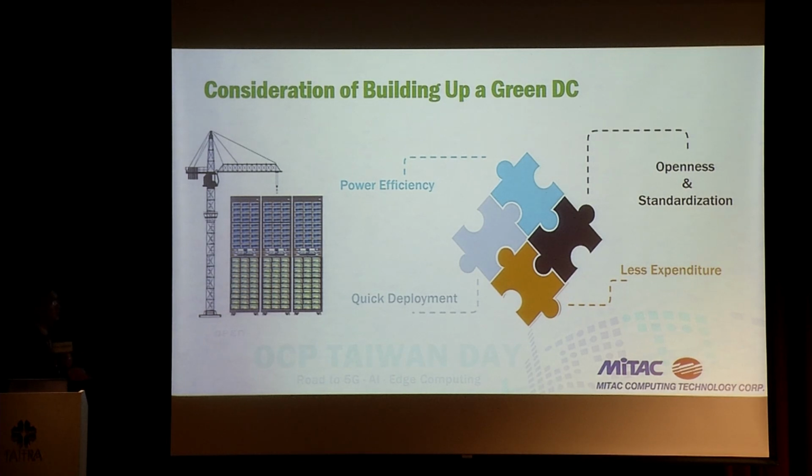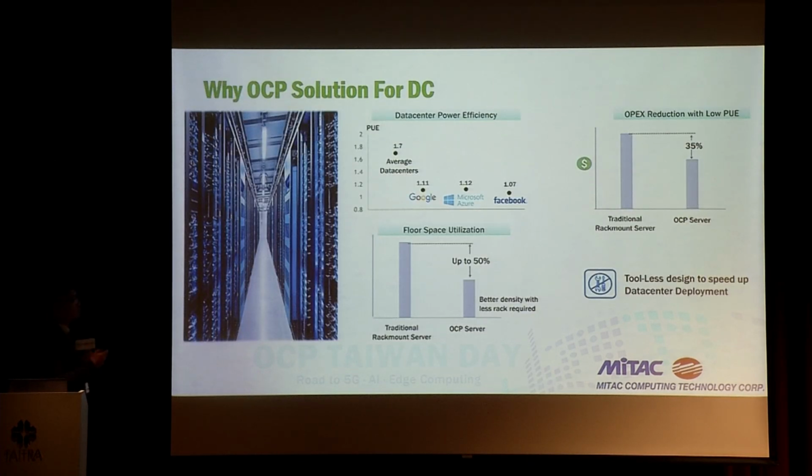So we can see some real numbers here. You can see the PUE, which is the index to judge a green data center. You can see the Facebook PUE shown here. Compared to the average data center with traditional 19-inch racks, the number cannot give you a strong feeling, so we can convert it to dollar signs.